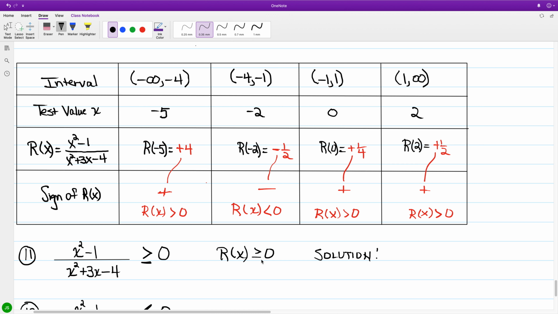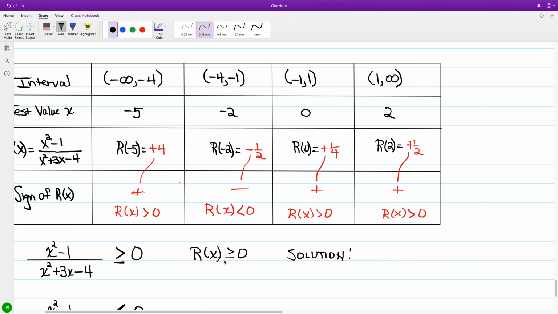For the comparison portion of the inequality, we're looking at where r of x is greater than 0. So we include from negative infinity to negative 4. We also have r of x greater than 0 between negative 1 and positive 1. And it also had to be greater than 0 from 1 on out to infinity.